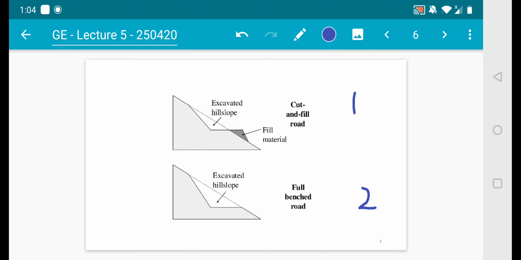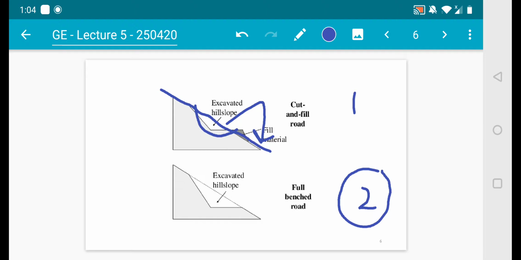It has a normal slope, and it cuts half the portion of it, and then it fills on the lower part. So it has a cut and fill approach over here. And if you look at number 2, the full bench road, another approach, you just cut the whole thing over here and dump the soil somewhere else, and you define the road over here. Two types of approach for highways along the slope area.